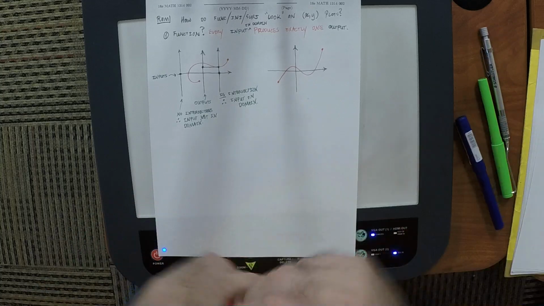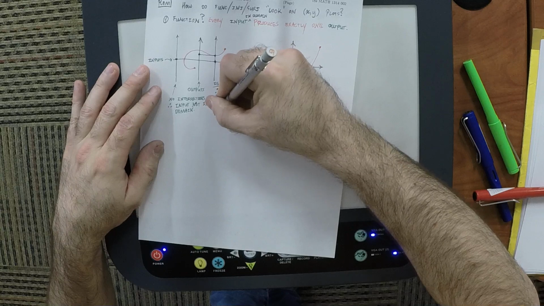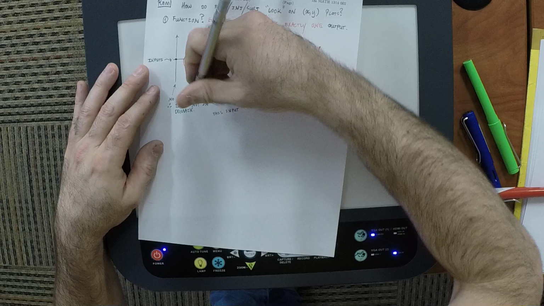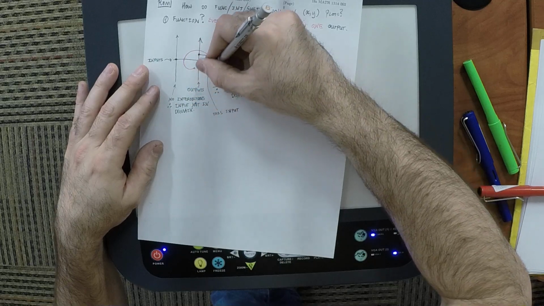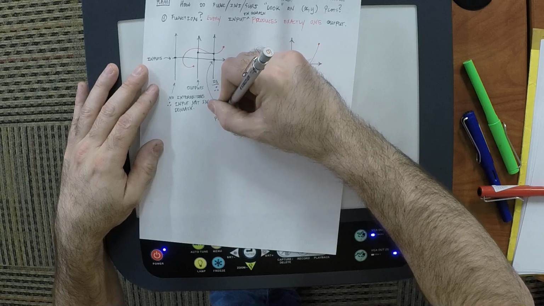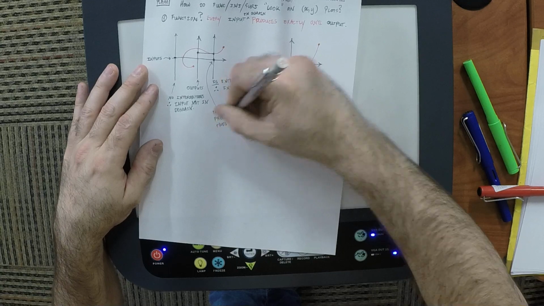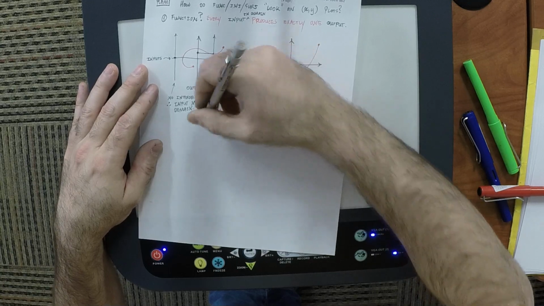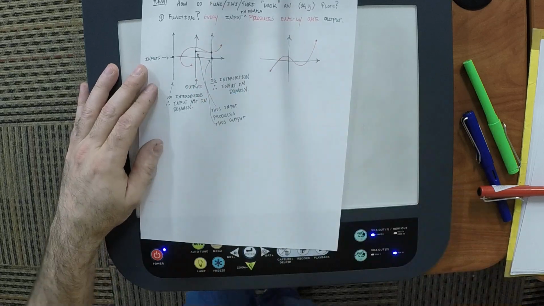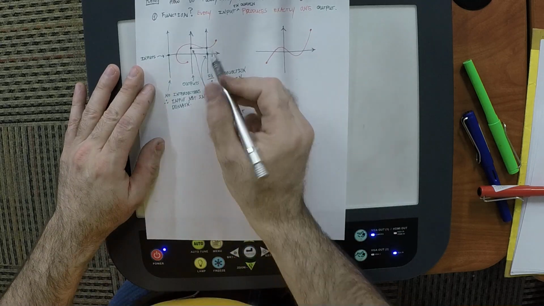So this input produces this output. So, just eyeballing it, I said this was 5.